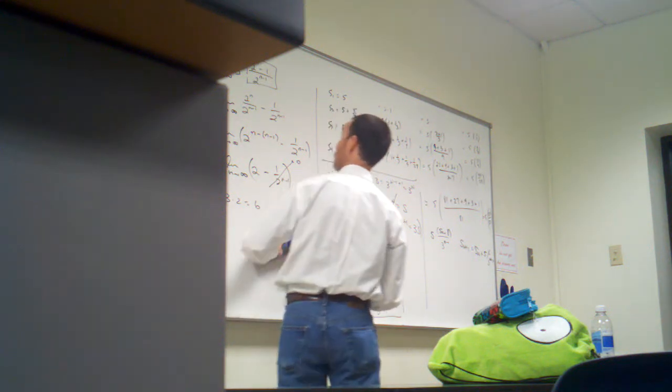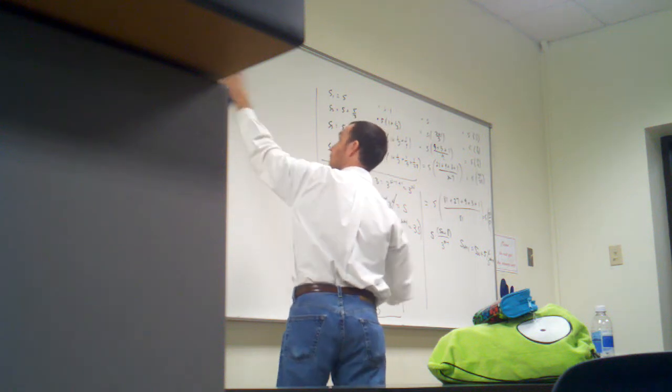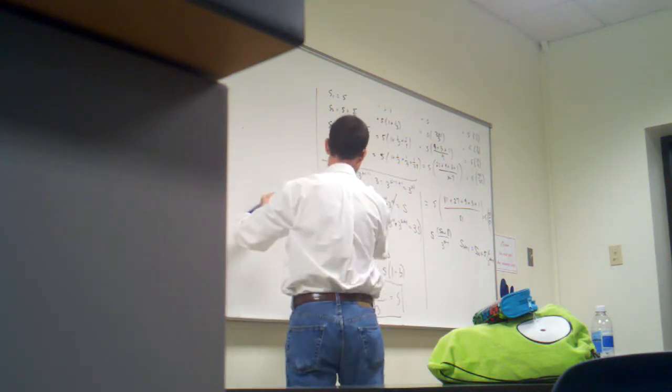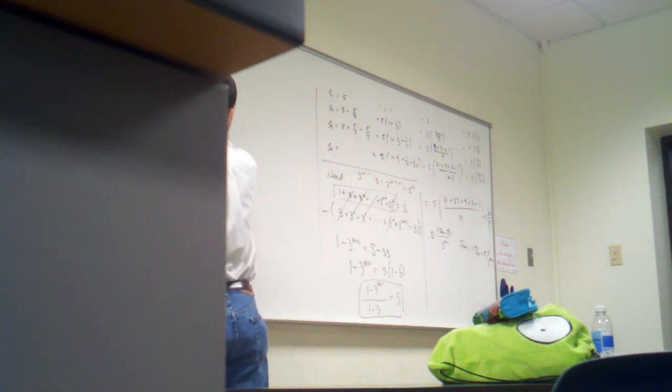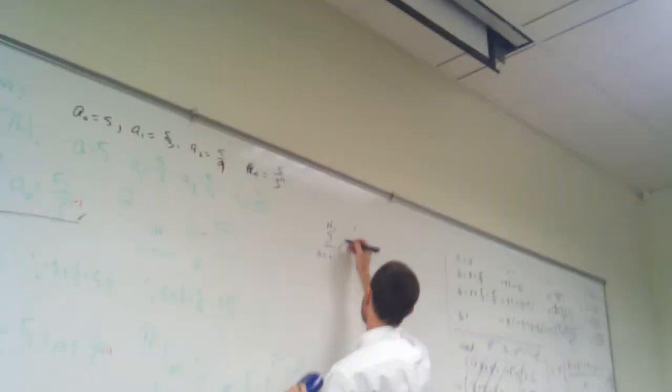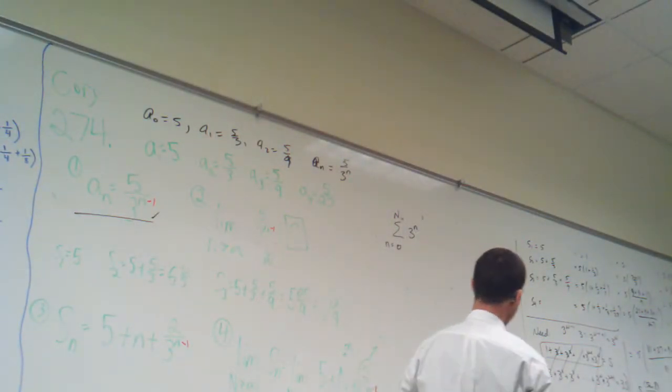So what do we know from that? Let's summarize what that means. What is this? So s was the sum from n equals 0 to capital N of 3 to the n, right?